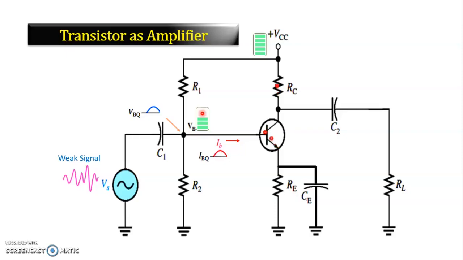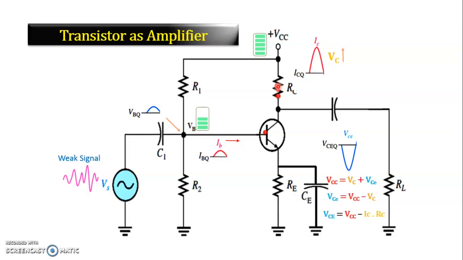After reaching the base terminal, these electrons will feel a more positive potential toward the collector as compared to the base, and a very small amount of electrons will be diffused in the base region and the rest of the electrons will rush toward the collector region. So these electrons will increase the collector current IC, which leads to an increase in the voltage drop VC across RC, which leads to a decrease in VCE.